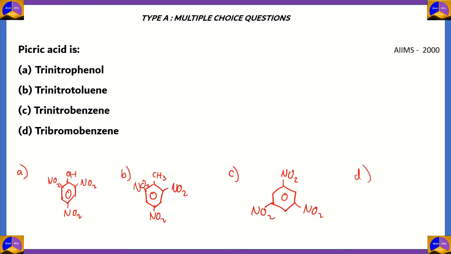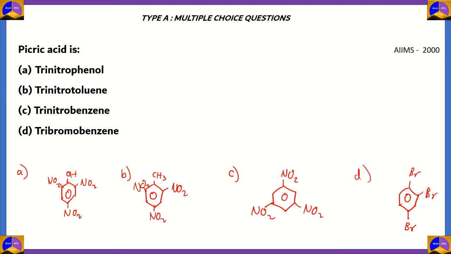And in option D you have tribromobenzene, so bromine and then another bromine at the ortho position and one at the para position. So this is tribromobenzene. So these are the 4 structures in contention.